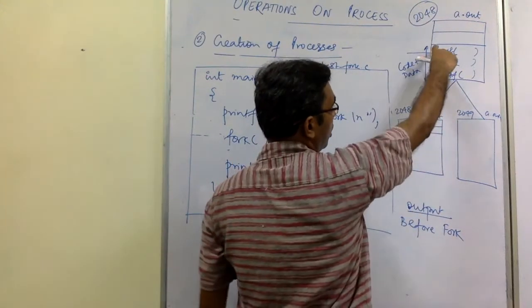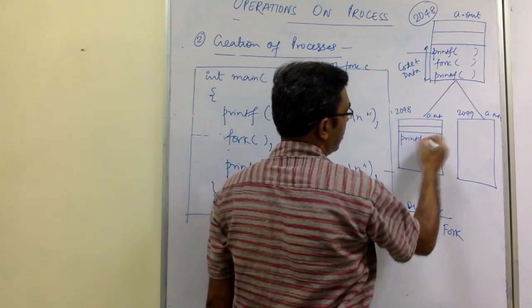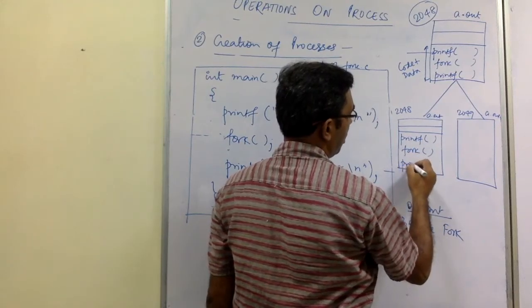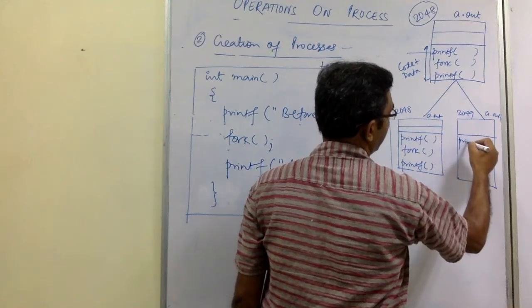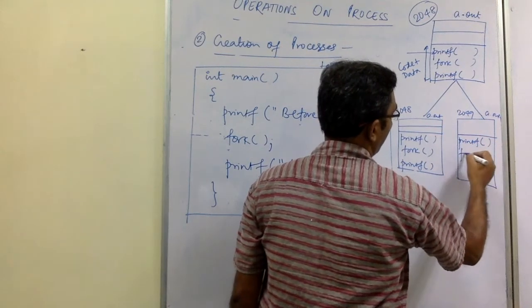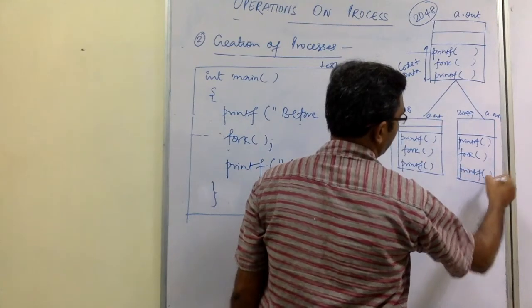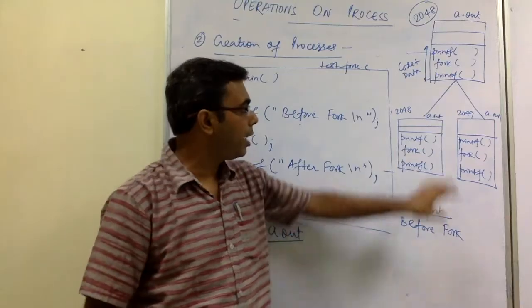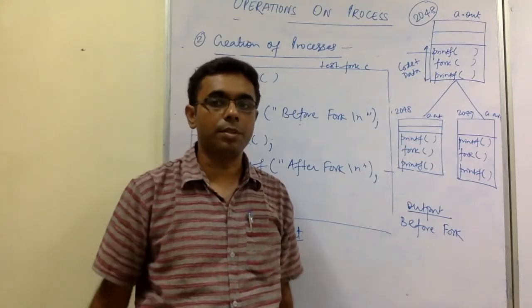And let's concentrate only on the code portion. So what you have is the printf statement, then we have the fork statement, and then we have a printf statement again. And then we have, in this case as well, the printf statement, the fork, and the printf. Okay? Because the child is the clone, you'll have the same code and data present in both of them, but they are two different processes, they have two different memory images.